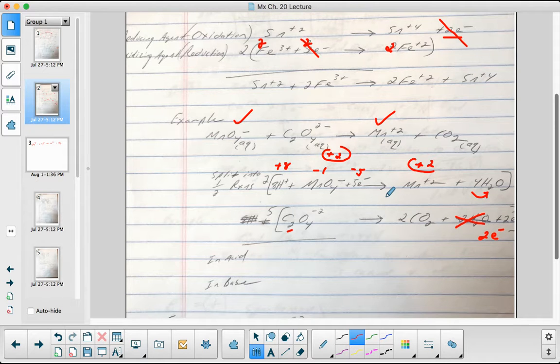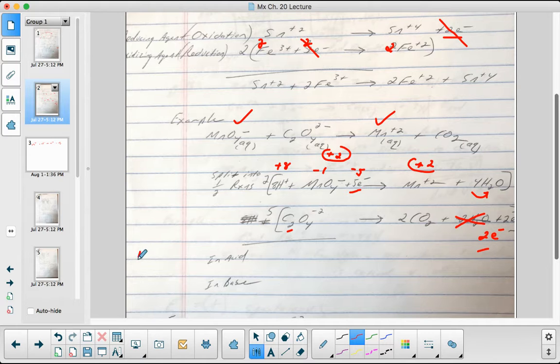All right, so now I need to balance the electrons to be the same in both equations, because this one has 5, this one has 2 down here. So I would multiply this whole equation through by 2, and I would multiply this whole equation through by 5. So when I do that, I'm going to go through and balance it all out for you.